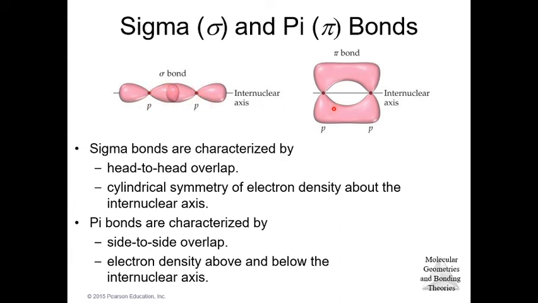For pi bonds, we're going to get sideways overlap of p orbitals that have not been hybridized. So with these pi bonds, the electron density is above and below the nuclei rather than in the middle. So here's your sigma bond, here's your pi bond. You get the pi bond with that sideways overlap of the p orbitals when you have double and triple bonds.